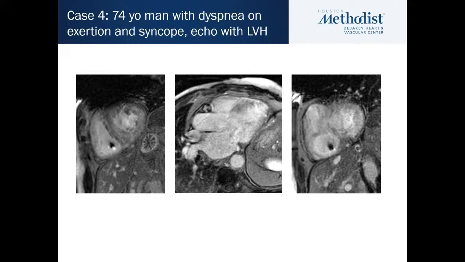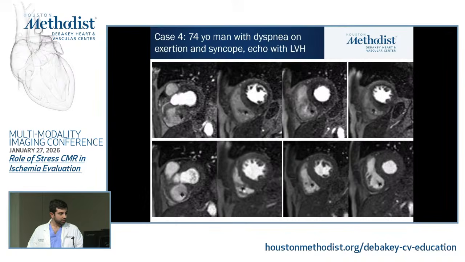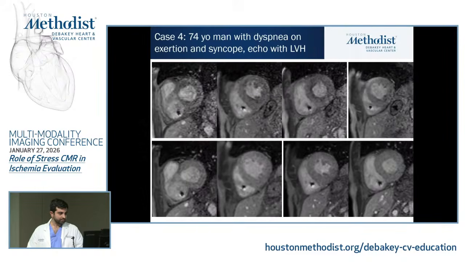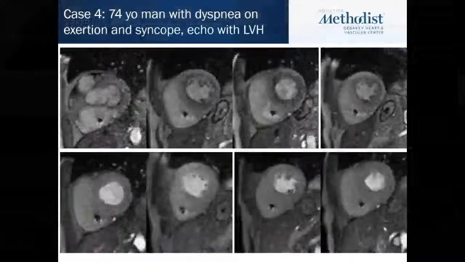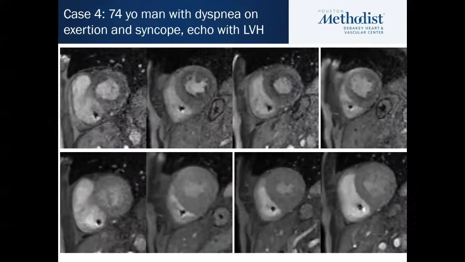This is kind of an extreme scenario, but it can vary. Considering the history and these findings, I'll tell you the short answer to this is diagnostic for amyloid. So he had a stress test because it was ordered. What do you guys think? So stress on top, then rest on the bottom.